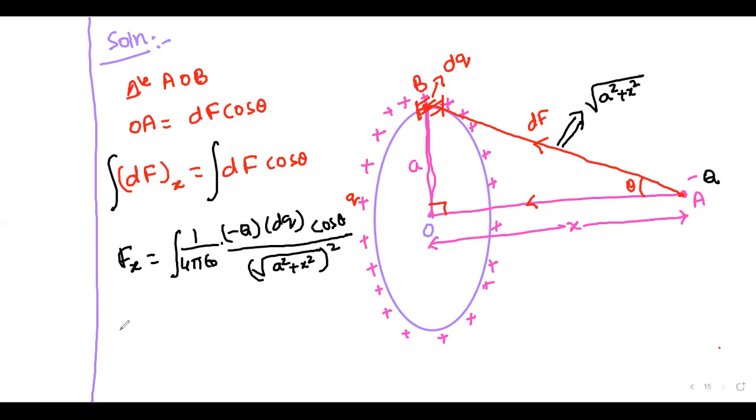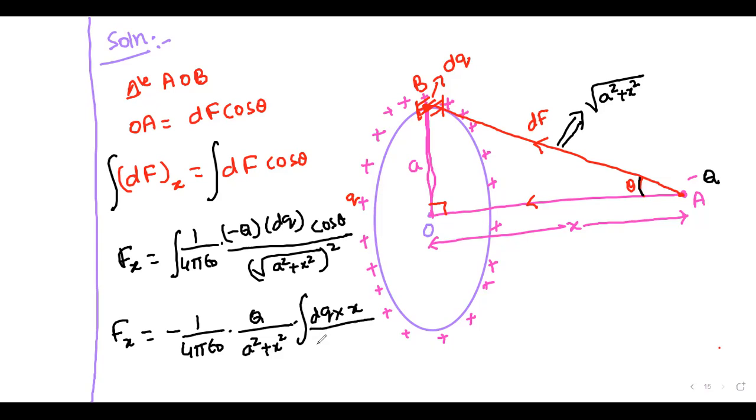So Fx is equal to minus 1 by 4 pi epsilon naught times q by a square plus x square, integral dq cos theta. I can write cos theta as adjacent by hypotenuse, that is x by under root a square plus x square.